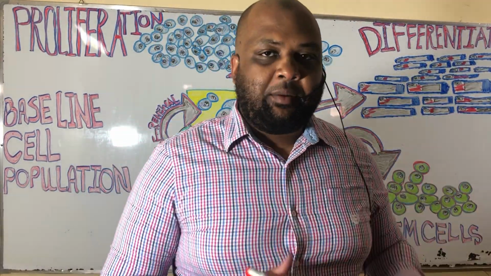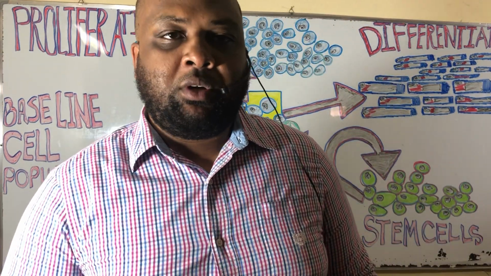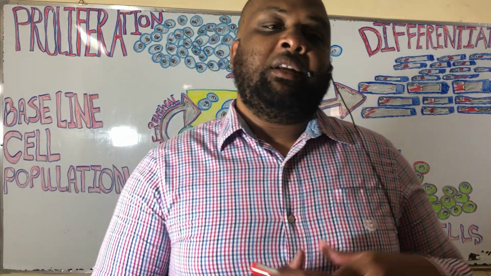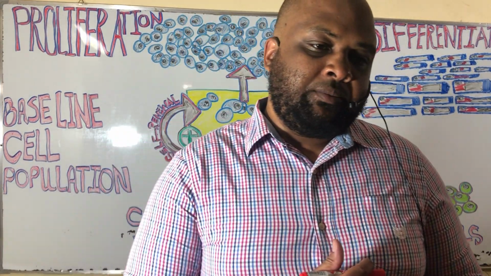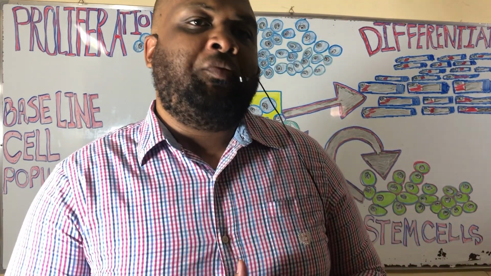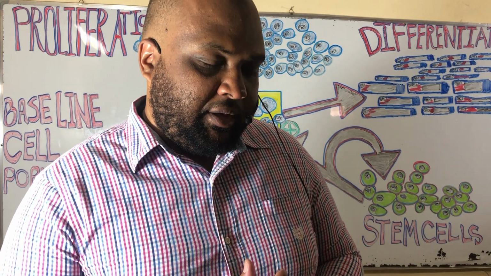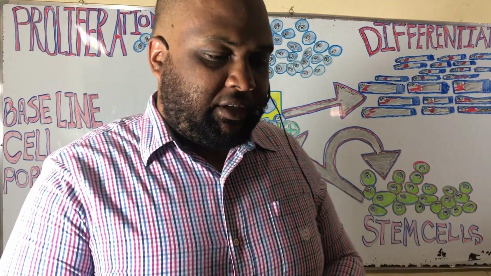So if we have a cell population or a tissue, that cell population is susceptible to factors that cause it to decrease in number. There's a decrease in tissue cell population, and there are also factors that cause an increase in the tissue population. So what are these factors?